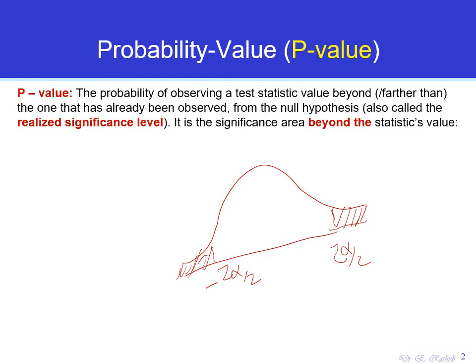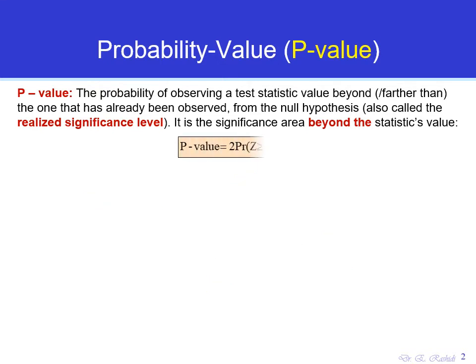Suppose that our observed value of the test statistic is z of x bar. So p-value is the probability of observing a test statistic beyond this value. Beyond means that it's either going to be on the right tail or on the left tail. So that's why we multiply the probability by 2 for finding the p-value.